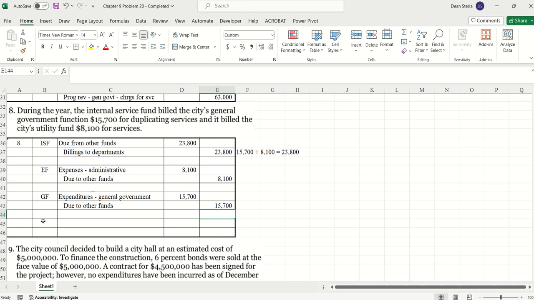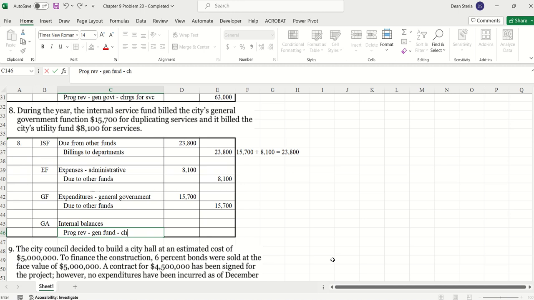Now we just have to deal with the governmental activities, which we're going to hit internal balances. And then we're going to hit the program revenue, general fund, charges for services.